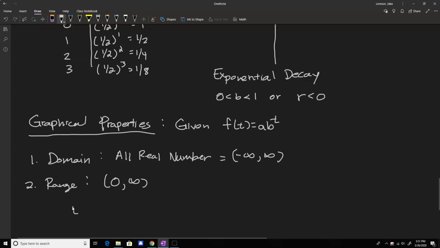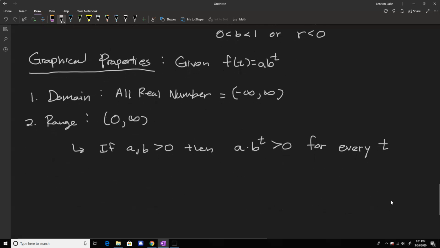And one of the reasons is if b is greater than 0, which we require, well actually in general we say a and b are both greater than 0 for an exponential function. So if a and b are greater than 0, then the output quantity, a times b to the t, is greater than 0 for every t value. So for all possible inputs, we're always going to have a positive output. So that's why the range is all positive values.